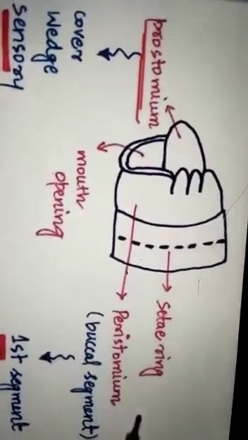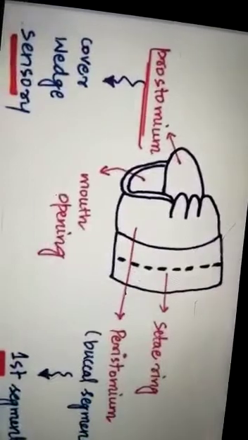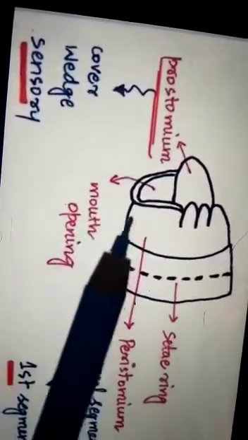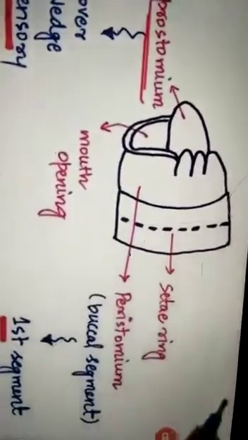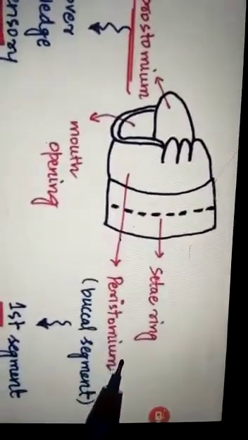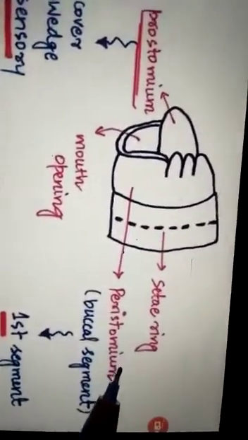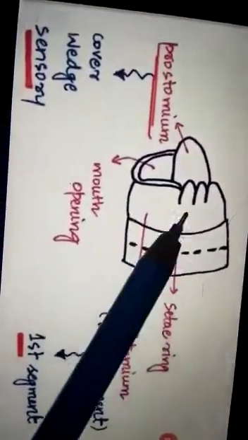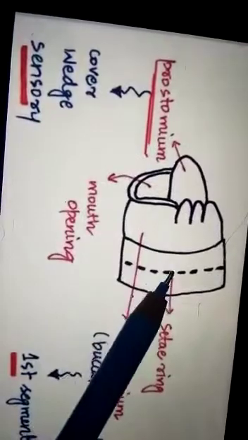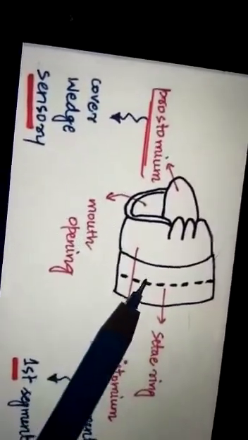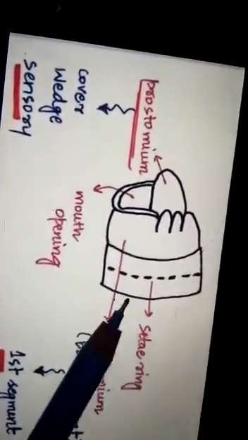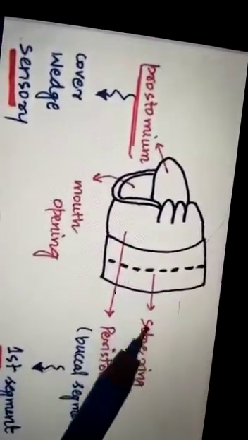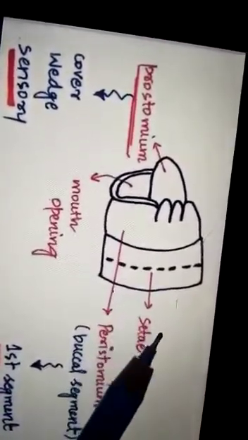So the prostomium is used to cover up the mouth, but the first segment is the peristomium. After the first segment, there are different kinds of sensory segments which are metameres.